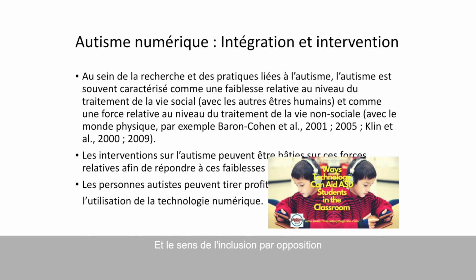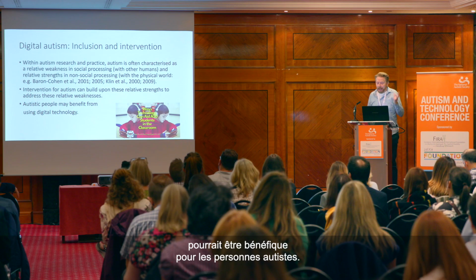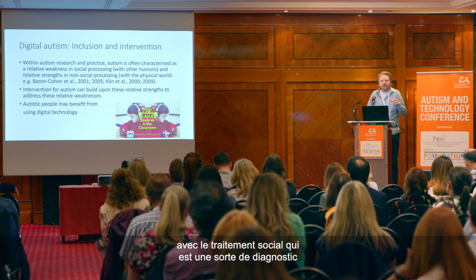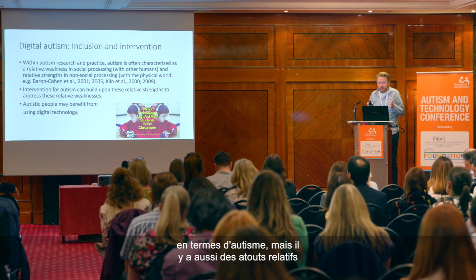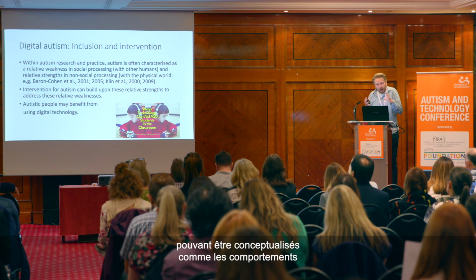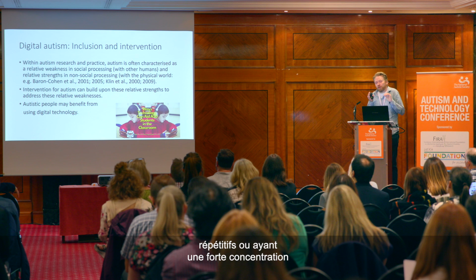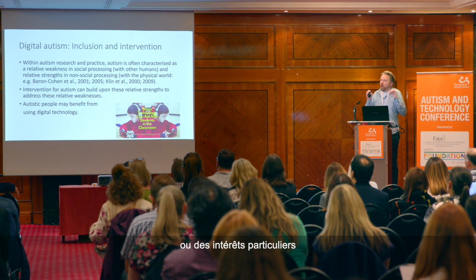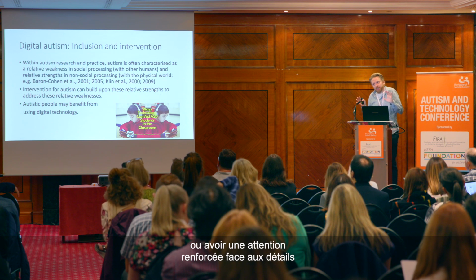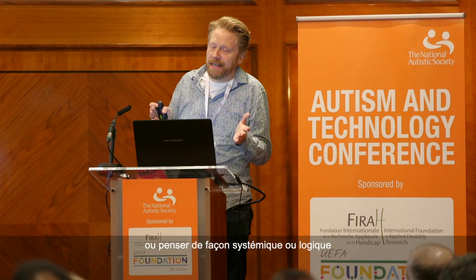And the sense of inclusion as opposed to intervention within a digital world. There's a sense that this digital environment might be beneficial for autistic people, in that autistic people, it's argued, have challenges with social processing, which is diagnostic of autism, but there are also relative strengths that can be conceptualized as repetitive behaviors, or having a strong focus, or special interests, or being able to attend to things for a long time, or having a strength in attention to detail, or thinking systematically or logically.